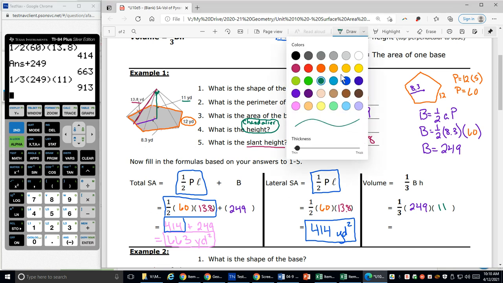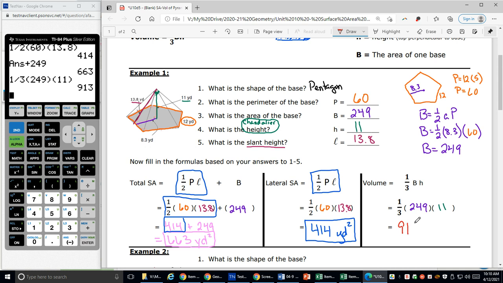And sometimes it'll come out to a decimal. These won't always be perfect numbers like this. Sometimes you'll get decimals and that's okay. But this is 913. And remember, this is the area of the base, so those are squared units. This is a height, so those are plain units. And when I multiply squared units by units to the first, I end up with units cubed. Volume is always cubed. Okay?